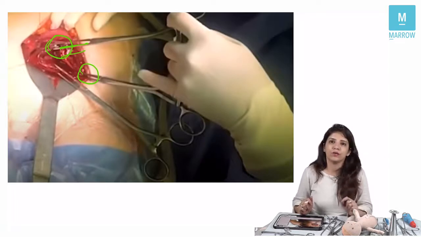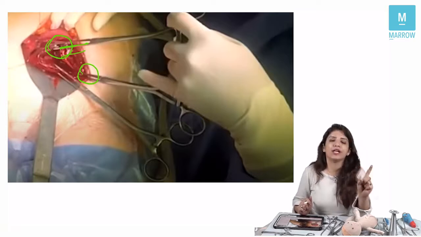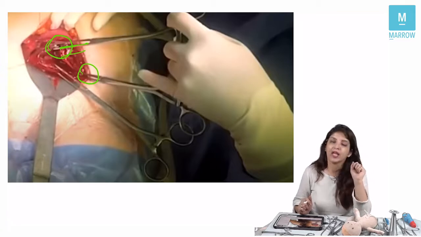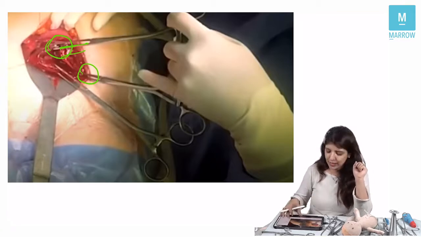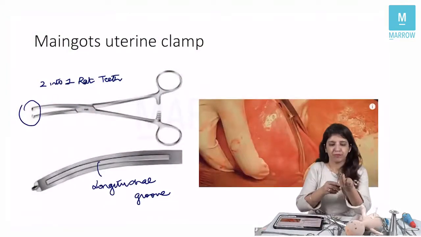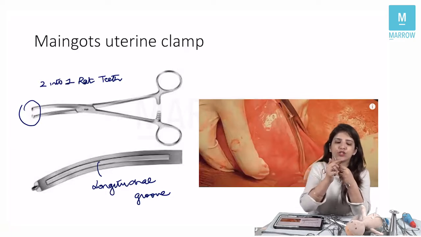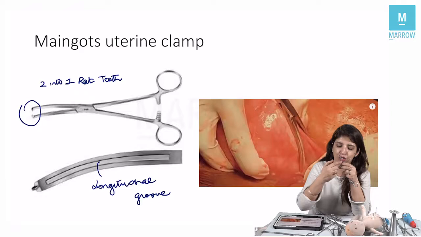The Cockers and the Allis were having teeth. Green Armytage was having a flat triangular end. Now we have a special kind of forceps apart from Cocker's forceps, where in Cocker's forceps, I told you, you have one tooth here and two teeth here and transverse serrations.